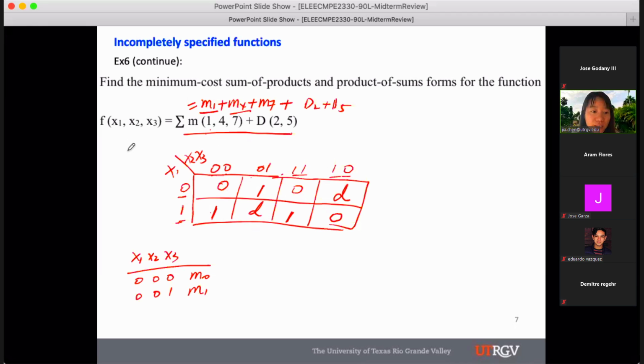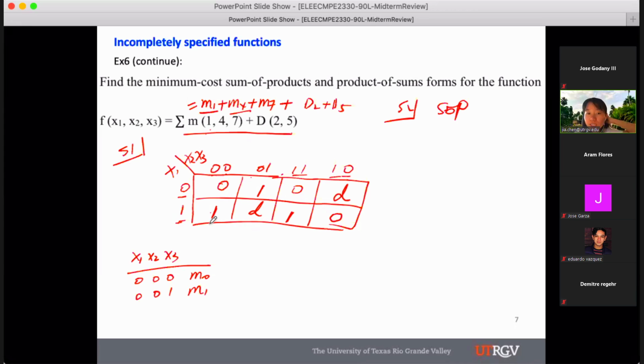So this is step 1. Step 2 is to find the minimum cost SOP. SOP means I have to circle all the ones, and whether the D's should be circled or not depends on whether it's going to help me simplify my expression, right?